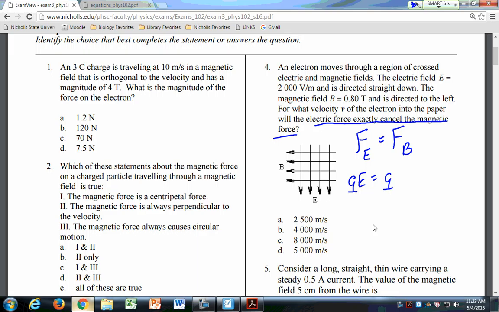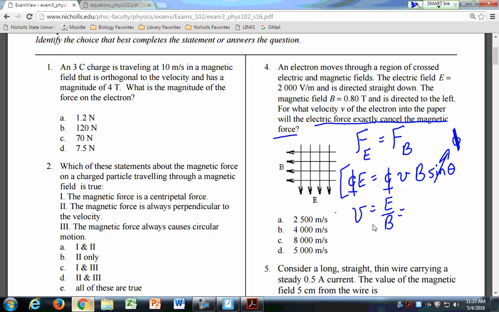The magnetic force is QVB sine theta, although theta is 90 here, so we'll just say that's equal to 1. All right, so this is all we're working with really, QE equals QVB. Our Q's cancel. We're looking for V, so it's E divided by B.